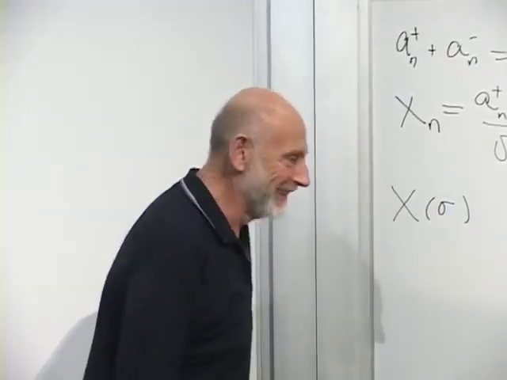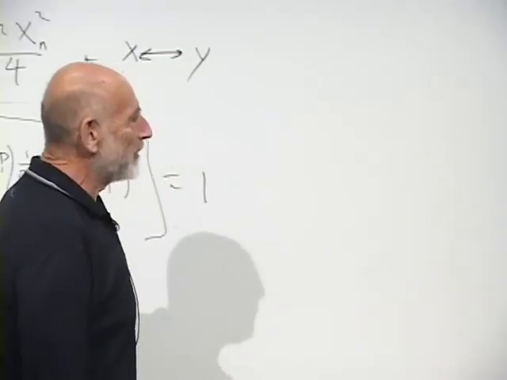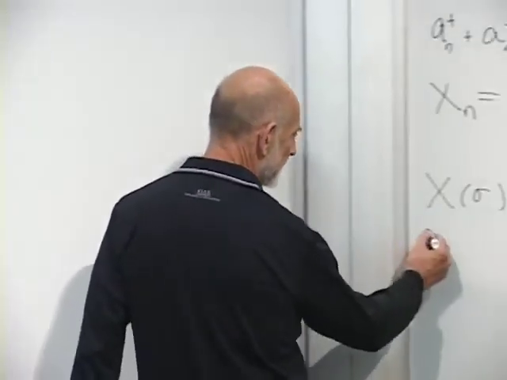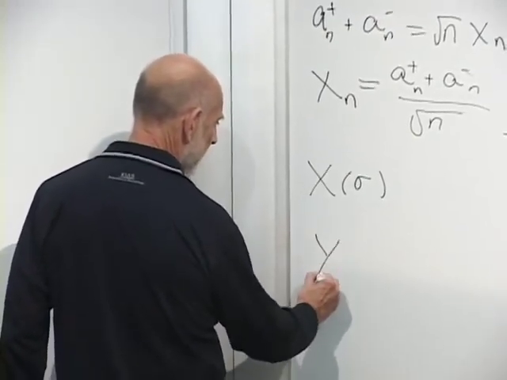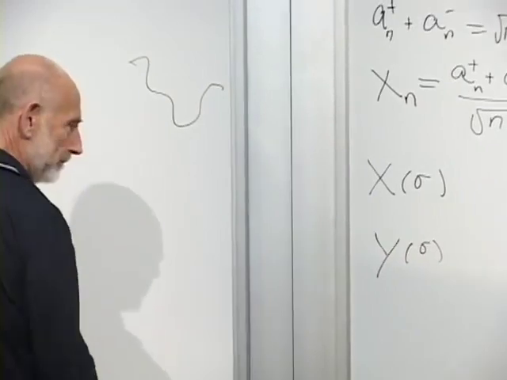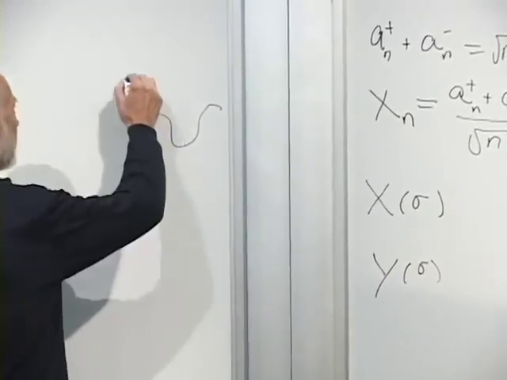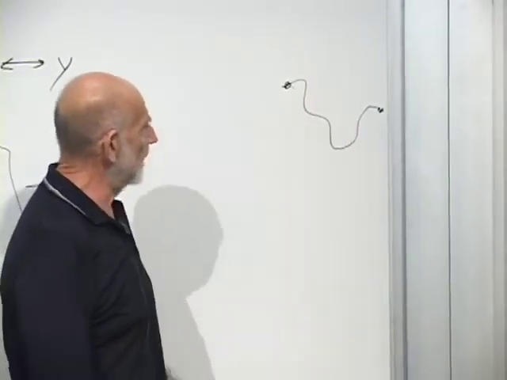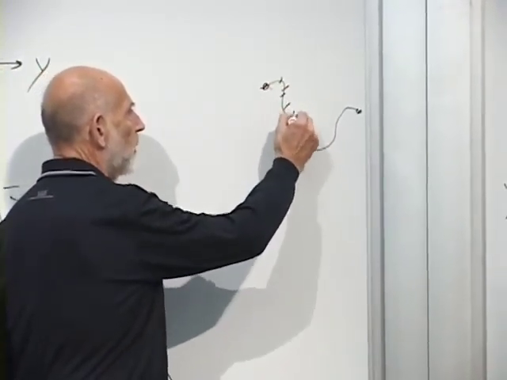Yeah, okay, never mind. All right, remember what x of sigma was? X of sigma and y of sigma. We have a string moving around in the xy plane, looking at it, moving down the axis. It has ends, and along the string, we invent a parameter called sigma.